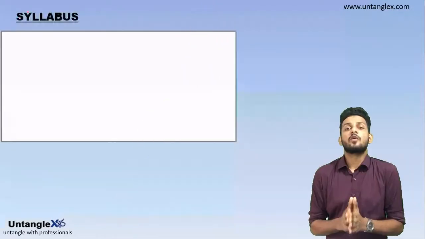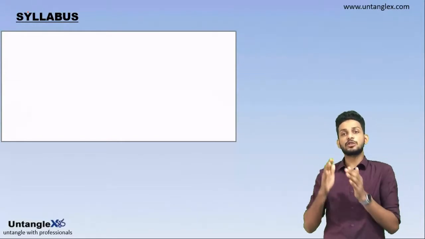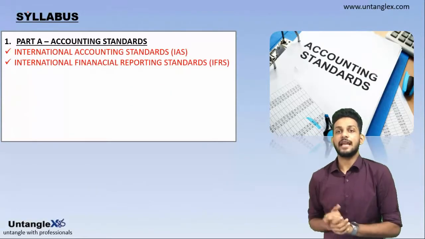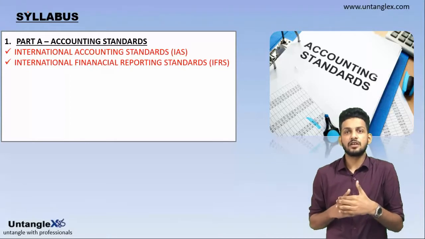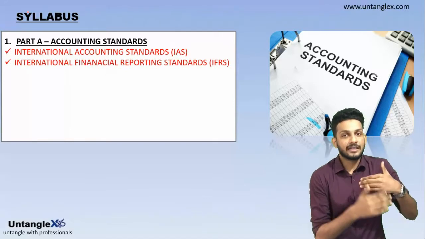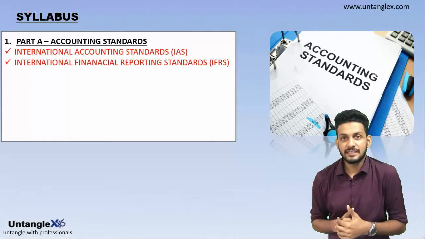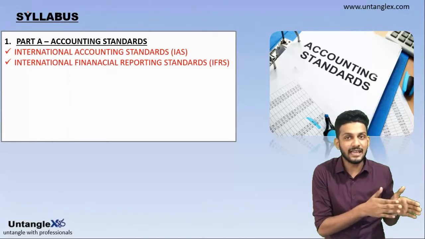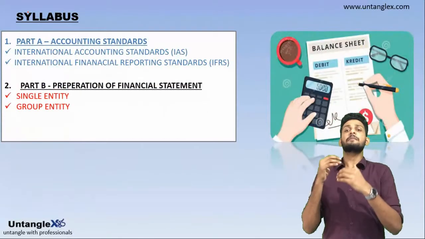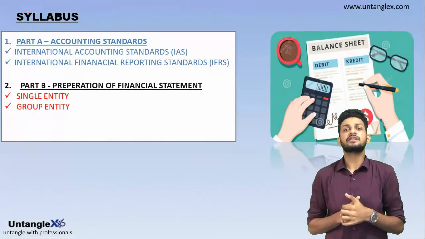So first of all, we can discuss the syllabus. Your FR syllabus is partitioned into 3 areas. The first part is accounting standards. Under accounting standards, we will learn how to deal with particular transactions or particular assets or particular items. There are 2 types of accounting standards: international accounting standards and international financial reporting standards. And part B is preparation of financial statements.